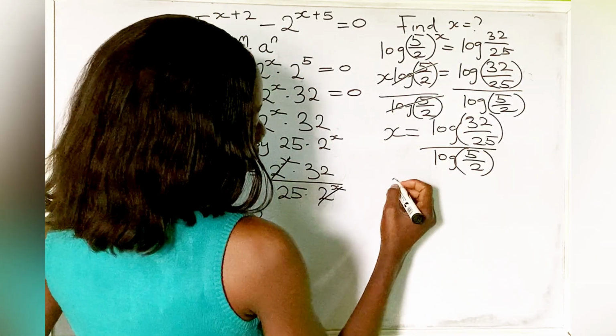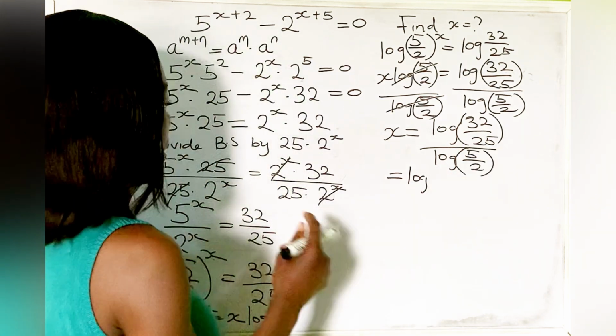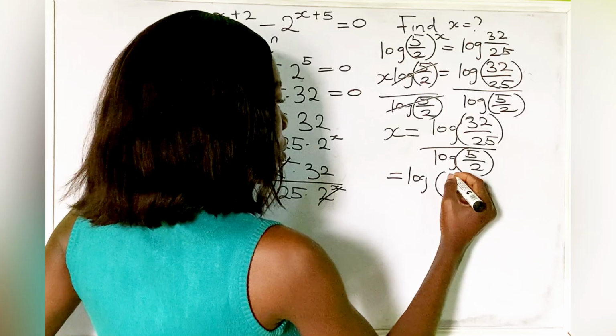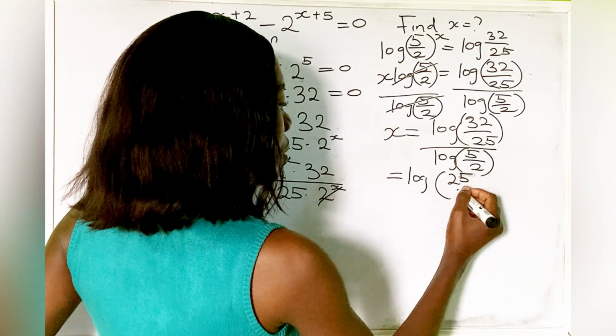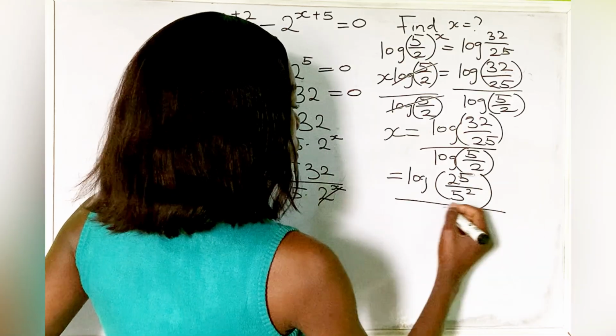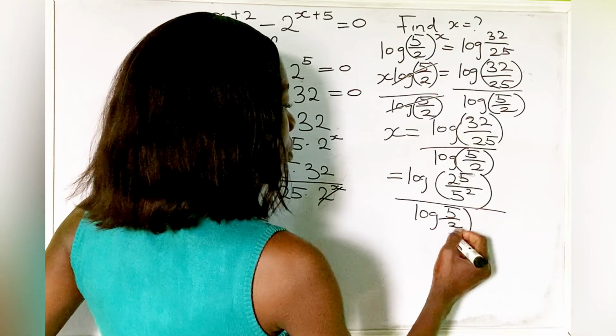Okay, log 32 is what? We have it as 2 to the power of 5, right? 2 to the power of 5 over 5 to the power of 2, all over log 5 over 2.